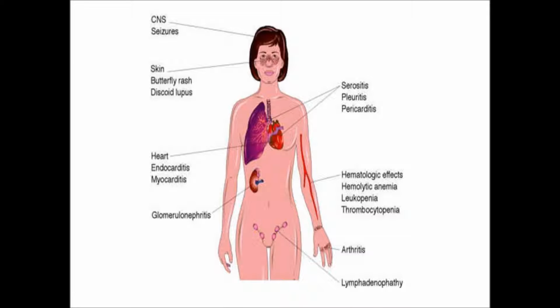You can see in the CNS there may be seizures, in the skin butterfly rash and discoid lupus. In the heart and lung there is pleuritis and pericarditis. In the kidney there is glomerulonephritis. In the blood, anemia, which could be anemia of chronic disease or hemolytic anemia, leukopenia, thrombocytopenia. There may also be arthritis.